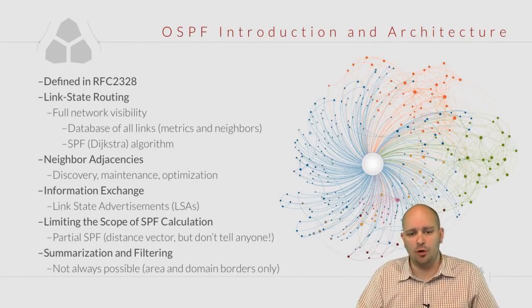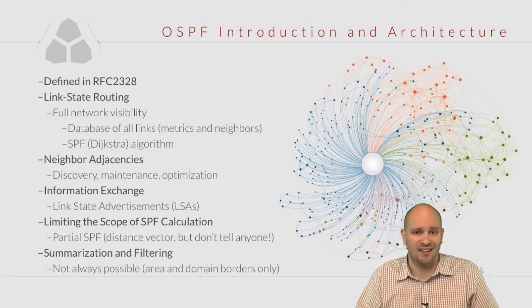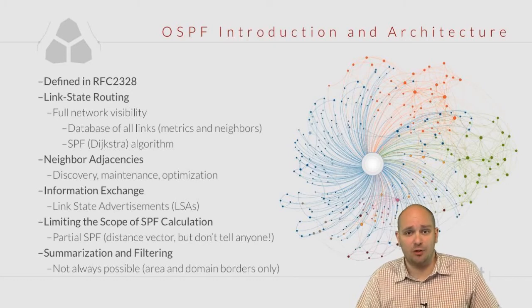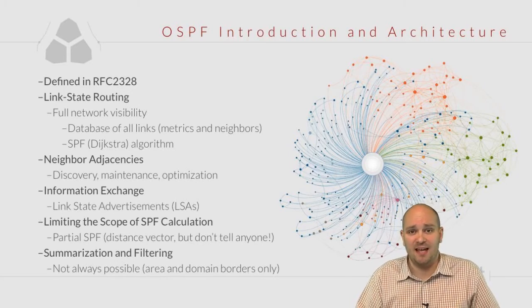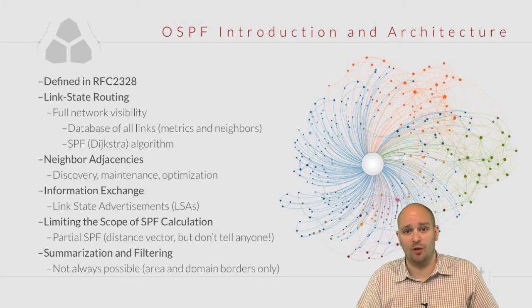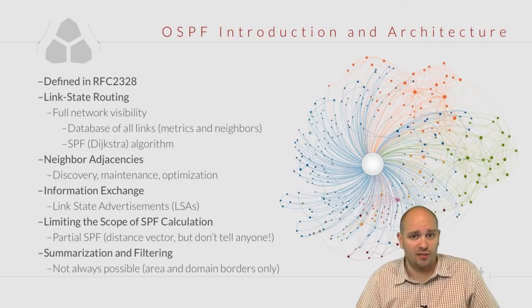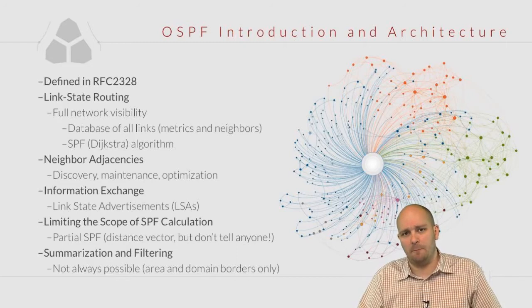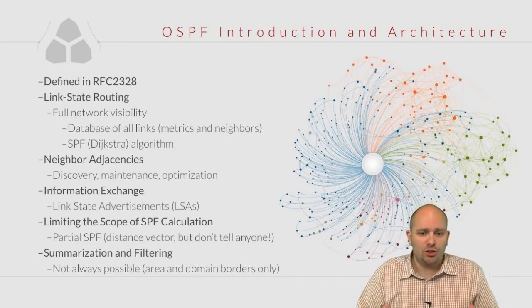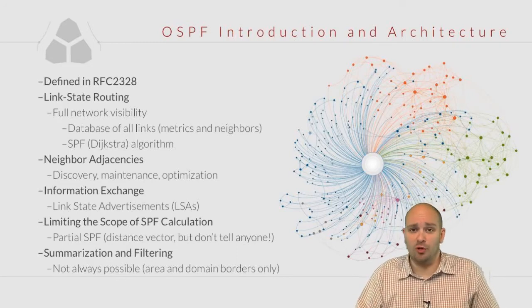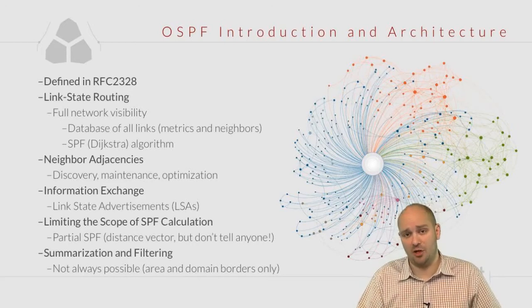This is where we are going to talk in detail about the link state advertisements, the data structures that OSPF keeps in the database that are used to calculate the best paths and communicate the contents of the database and the local interfaces.